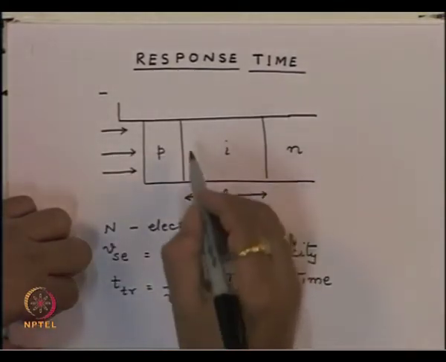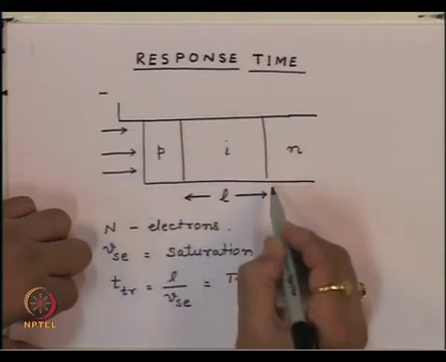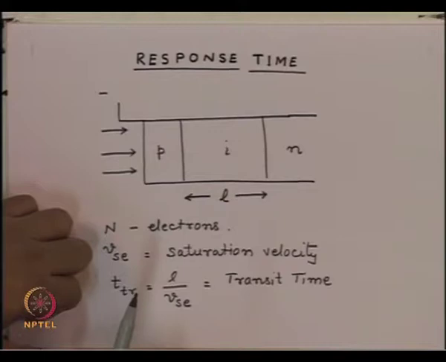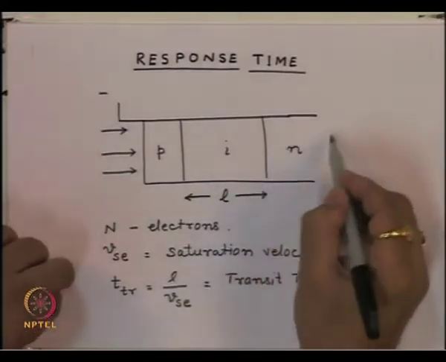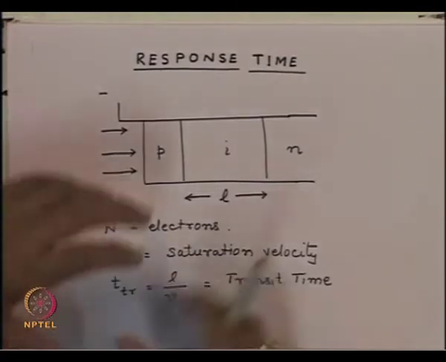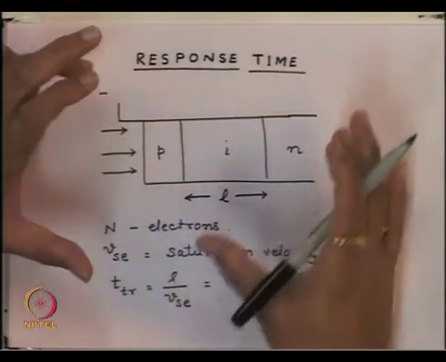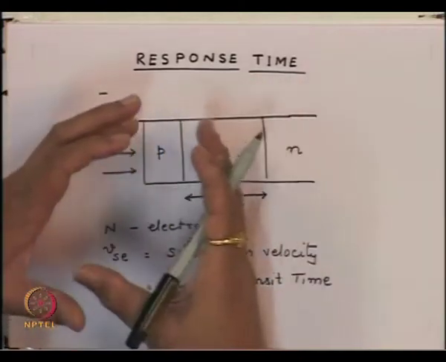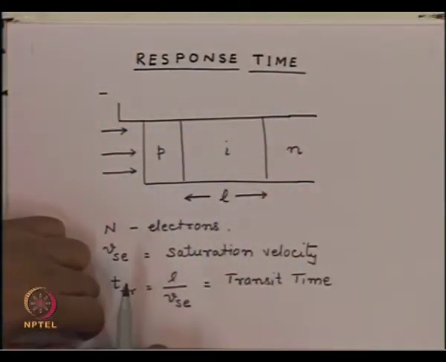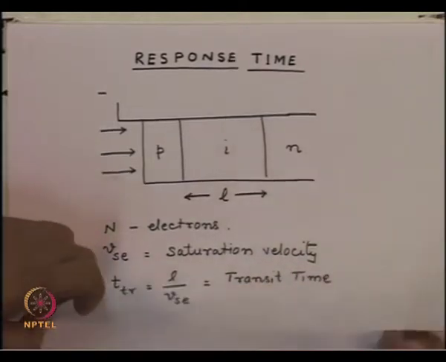So, we expect now that if we have a uniform generation of electron hole pairs in this region, then the current which will flow in the external circuitry will be triangular in shape, because as soon as the electron hole pairs are generated, you will have a large current, and as the electrons and holes are getting collected, as the time progresses, the current will decrease.